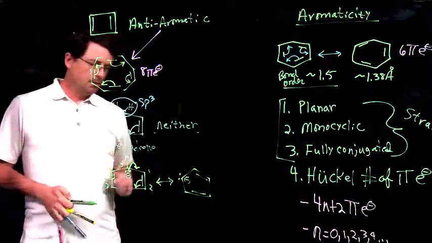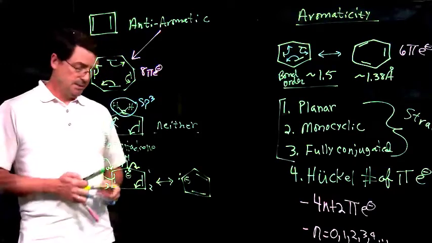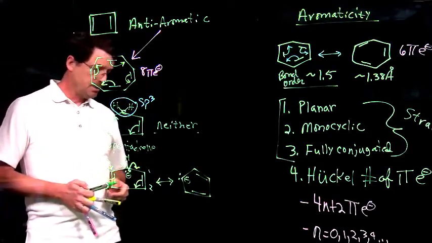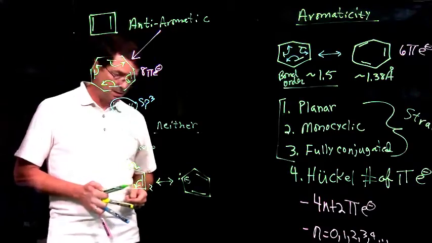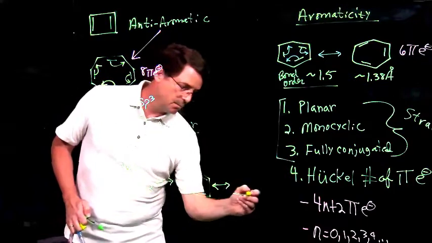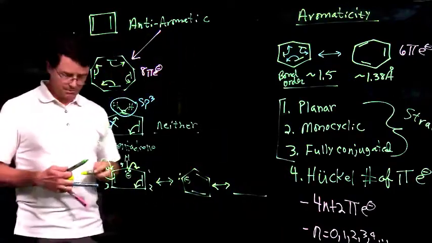So this molecule looks as though it's fully conjugated, and there are in fact a number of additional resonance structures I could draw for this molecule. You should draw some more to practice your resonance forms. I'm not going to draw them here in the lecture.